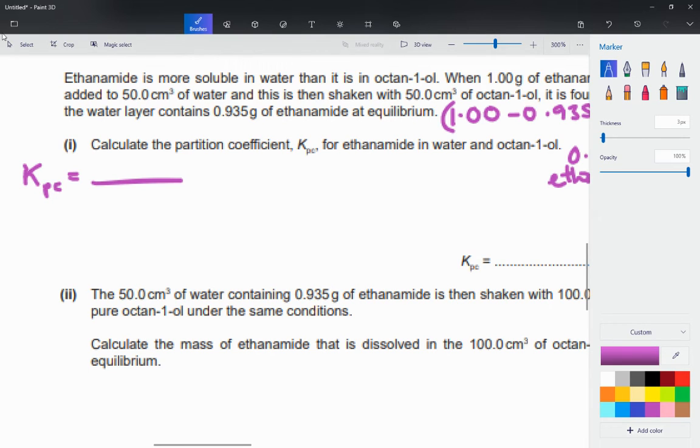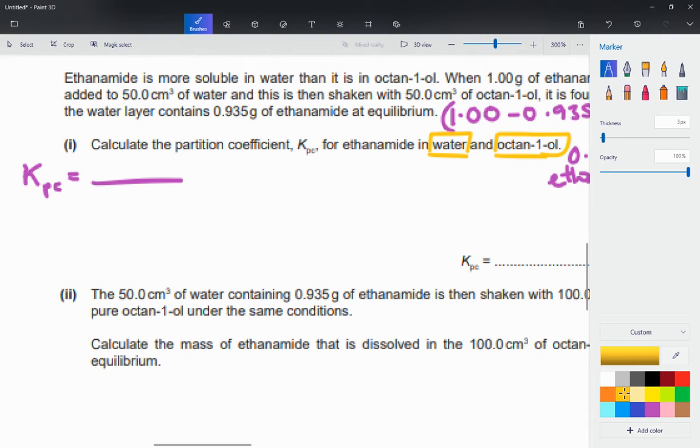Now that may be counterintuitive, but you can actually get 2 possible coefficients depending on whether you have the solvent at the top being water or the solvent at the top being octan-1-ol. So there is obviously a situation here where you could come up with the wrong one. So in this situation, it's really important for you to read the question and see what the order is in the question itself.